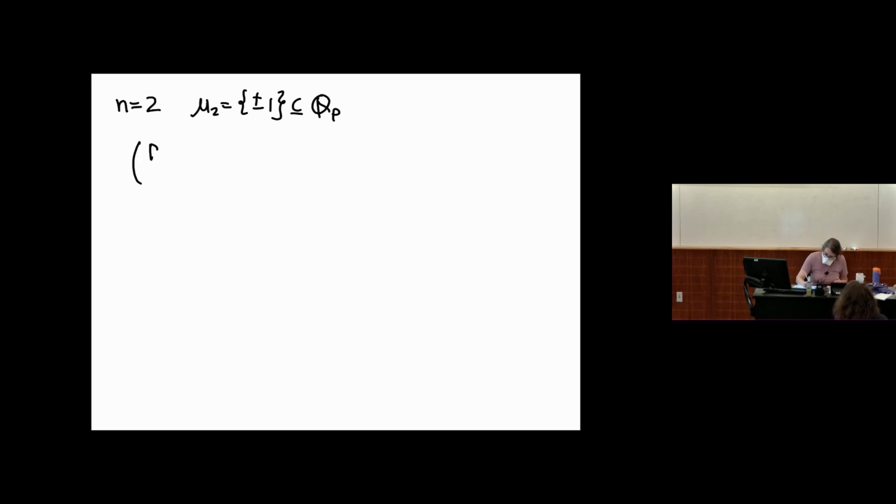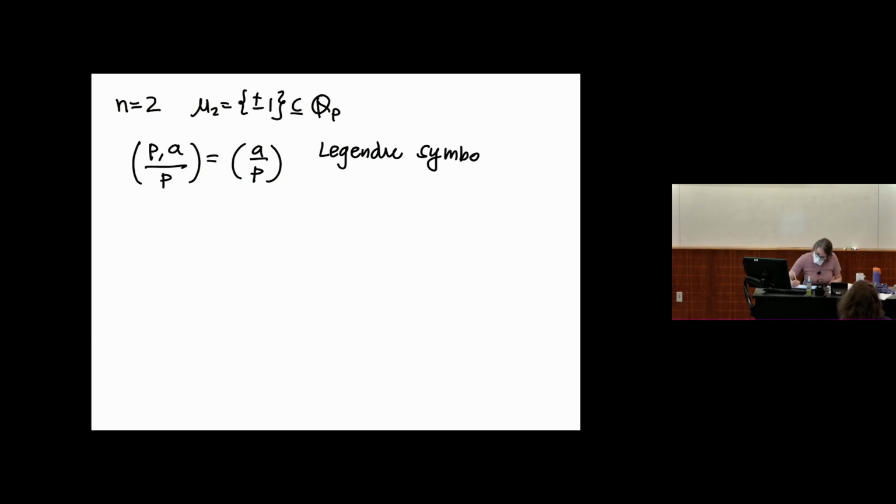Then the symbol of A on P, because the prime of Q_p is p, is the usual Legendre symbol. So that's how you get to quadratic reciprocity from there.